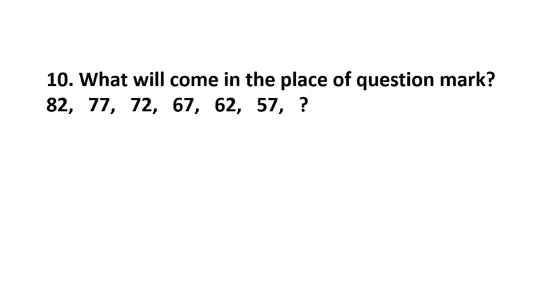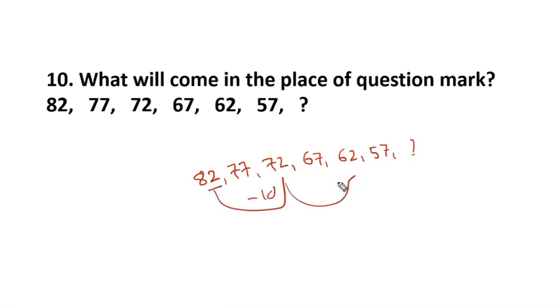So next question also comes from number series: 82, 77, 72, 67, 62, 57. This is a repeating series we can say. If you see alternately, 82 minus 10 is 72, minus 10 is 62, minus 10 is 52. That's our answer. Simple, very easy.